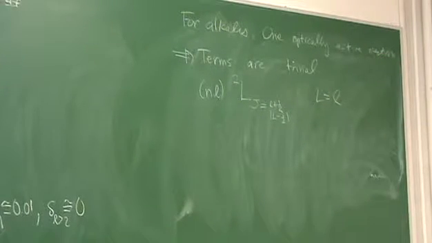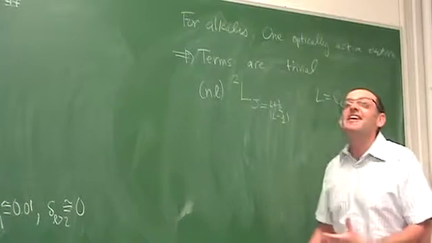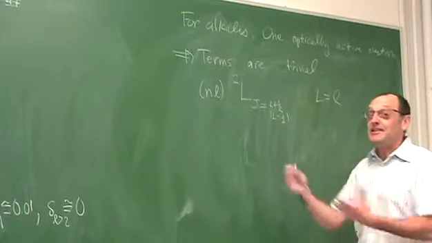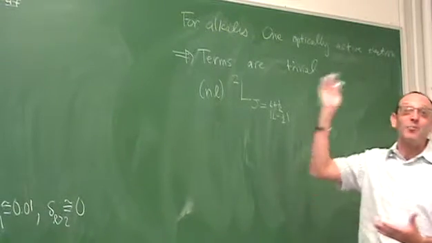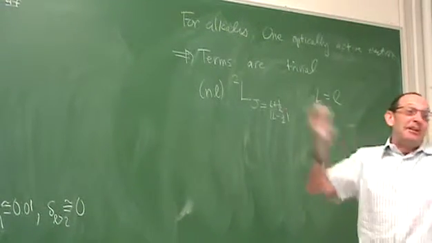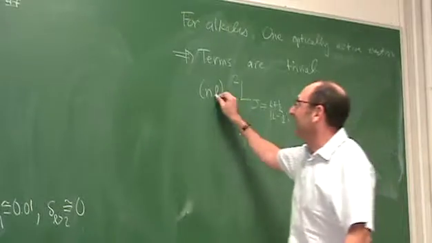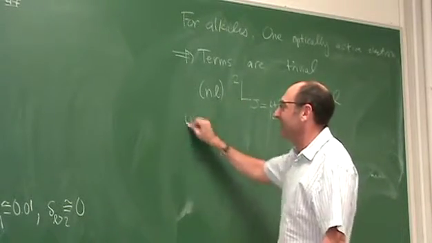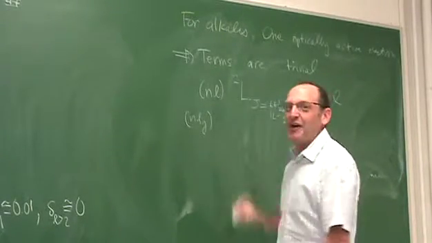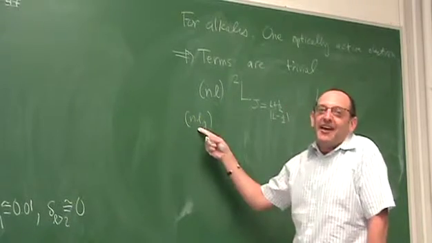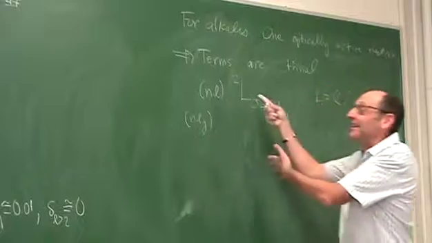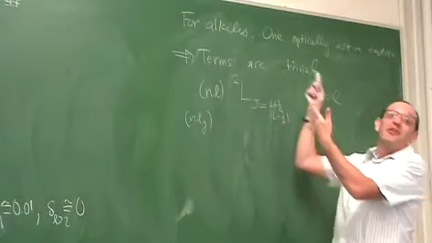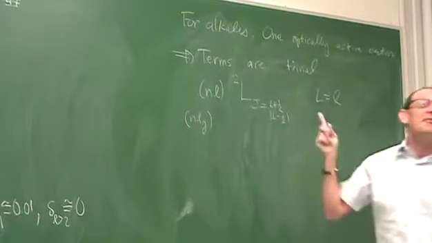So there's two different ways one sees this. One can talk about jj coupling, which is the same thing as LS coupling. You can first couple the orbit to the spin, but there's only one electron. So sometimes you'll see the electrons written this way, or you'll see the term. The little letters are for the individual electrons. The big letters are for the terms, but they're the same thing.